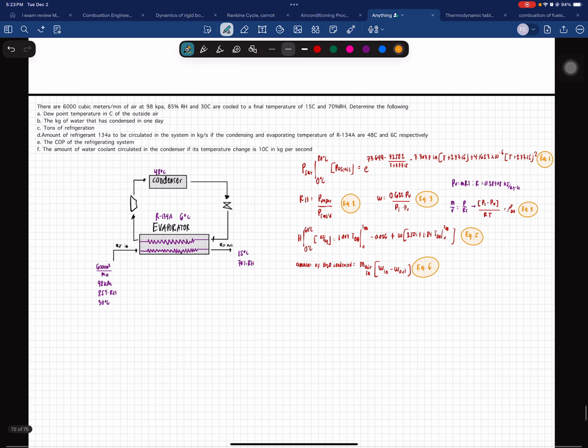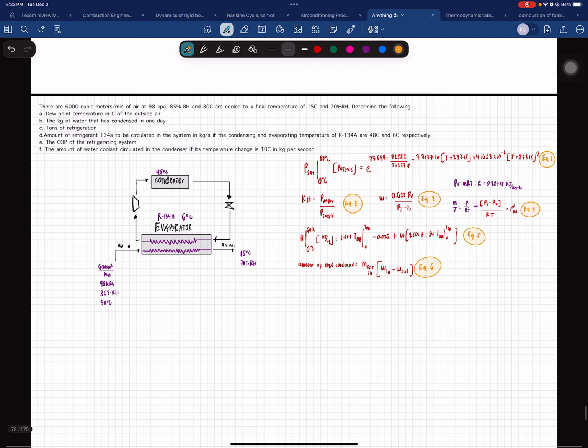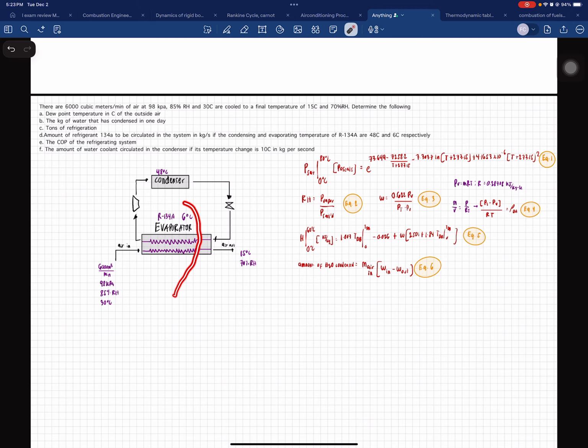What else? Tons of refrigeration is simply the amount of energy that you are required to cool the air. Okay, since we're talking about energy, we'll be including enthalpies in the system.